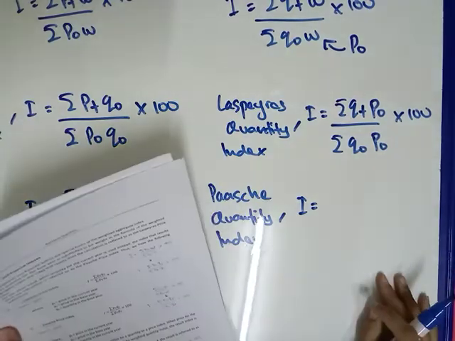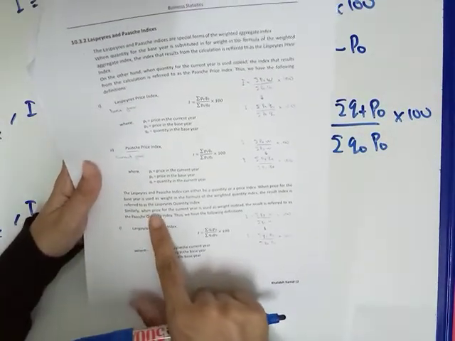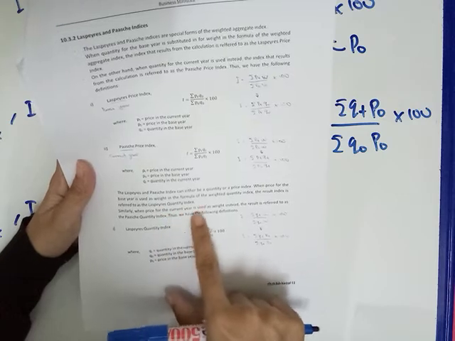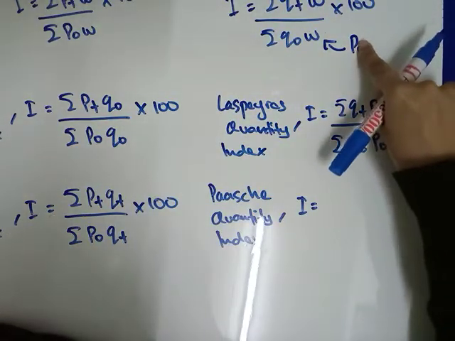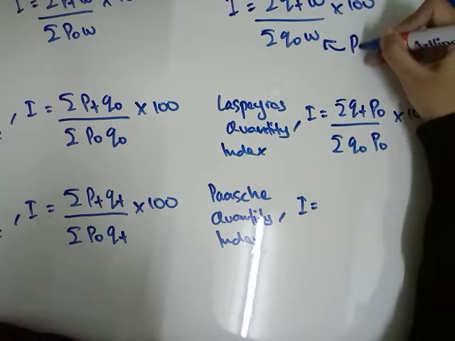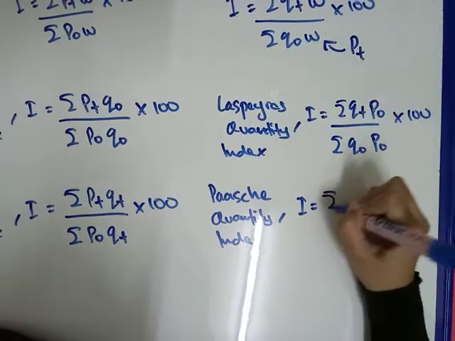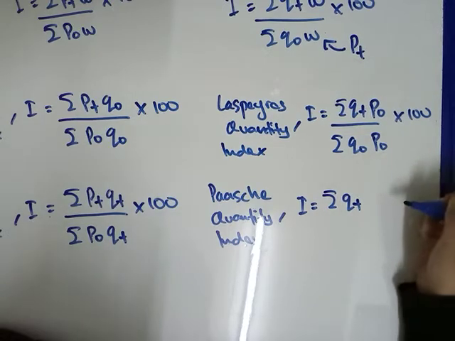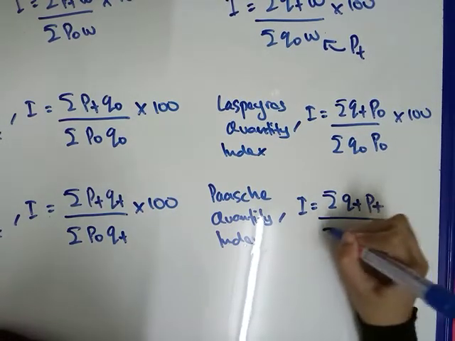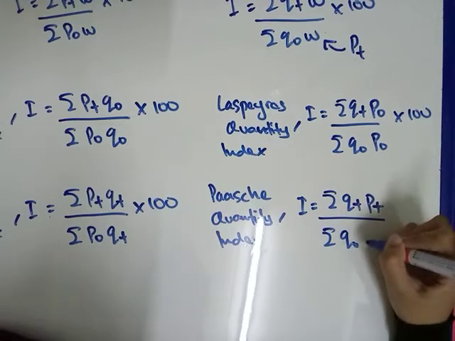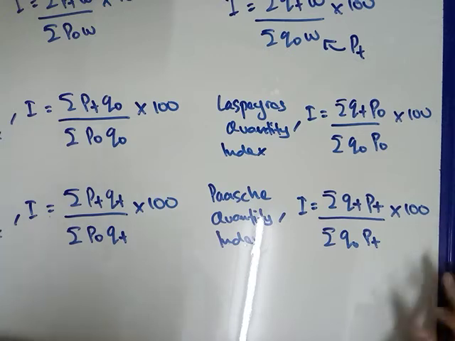so what is the formula? Okay, look at the last note. Similarly, when price for the current year is used as weight instead, that means price of the current year PT substitute into weight, it will become the total of QT times with PT divided by the total of Q naught times with PT multiply 100.